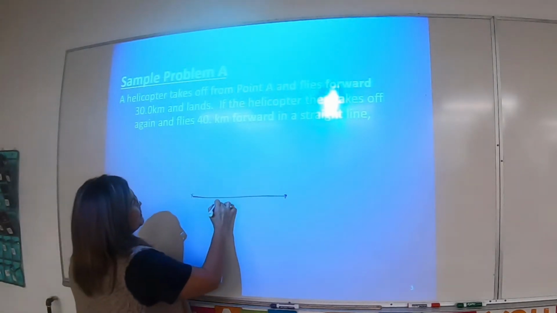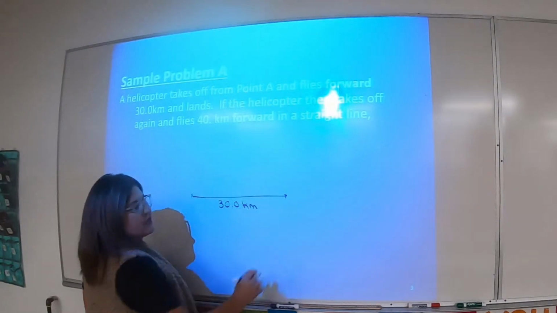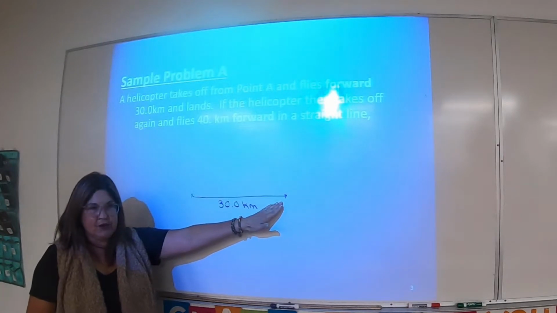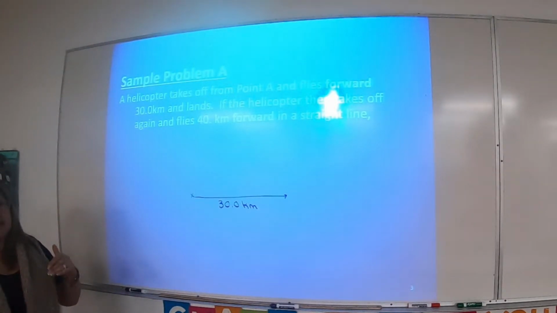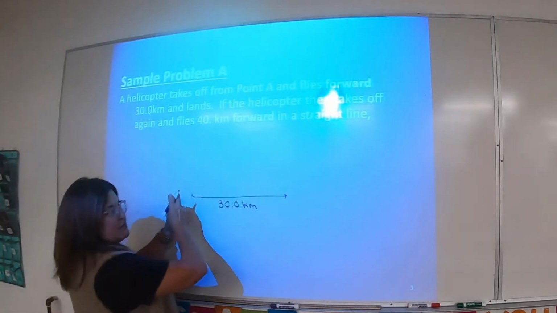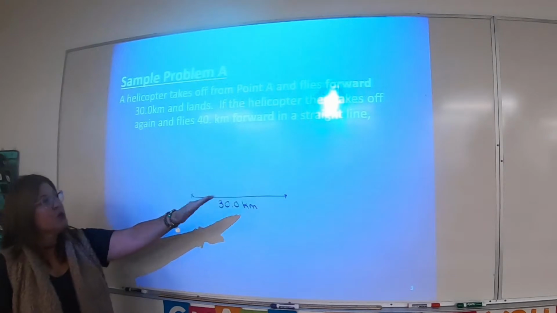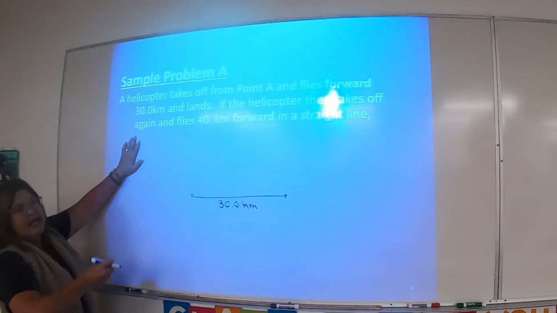So he goes 30 kilometers forward. This little line with the arrow at the end represents the vector. It tells me that I am going east or forward. So the arrow is pointing in the right direction. He lands there.